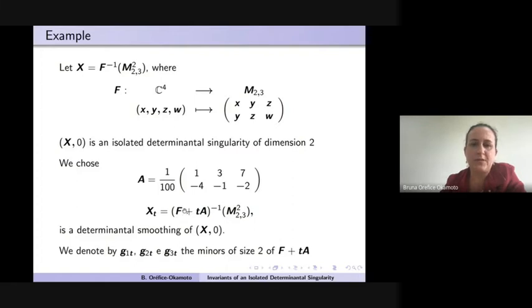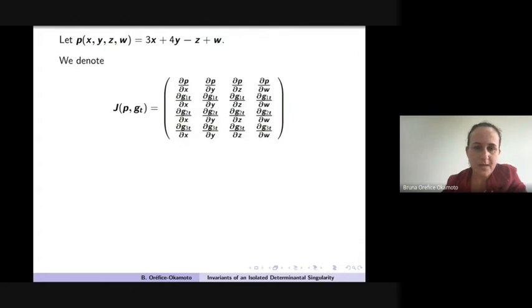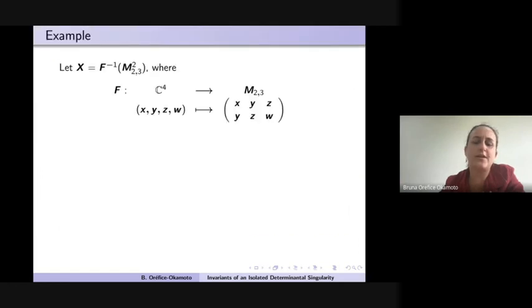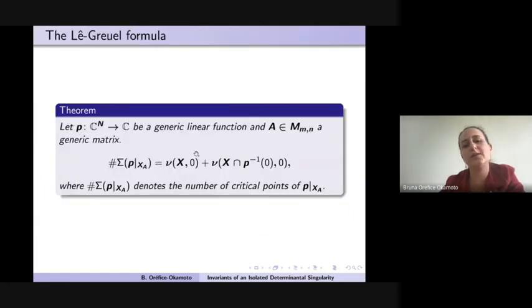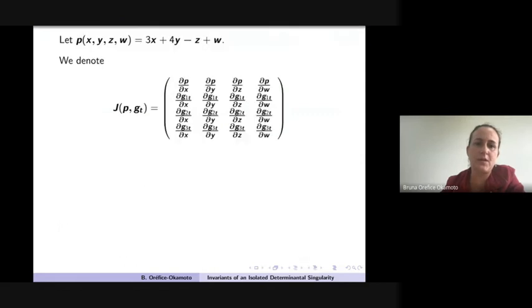Well, this F plus tA is a 2 by 3 matrix. It has 3 minors of size 2, which we denoted by g_{1,t}, g_{2,t}, and g_{3,t}. And I consider also a linear projection. Well, you remember, I will go back a little bit, that the vanishing Euler characteristic of the IDS is related to the number of points in the singular set of P restricted to X_A. So I will calculate the singular set. What's this?